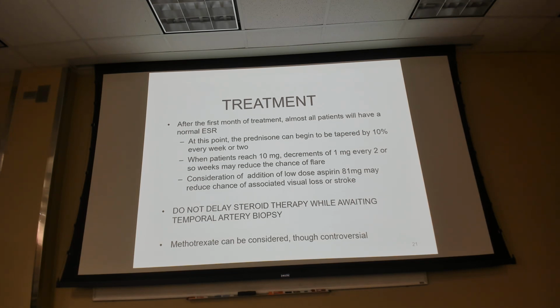Do not delay steroid therapy while awaiting a temporal artery biopsy, which is what we talked about earlier. Usually we will do the biopsy 2 weeks after they've been on steroids.